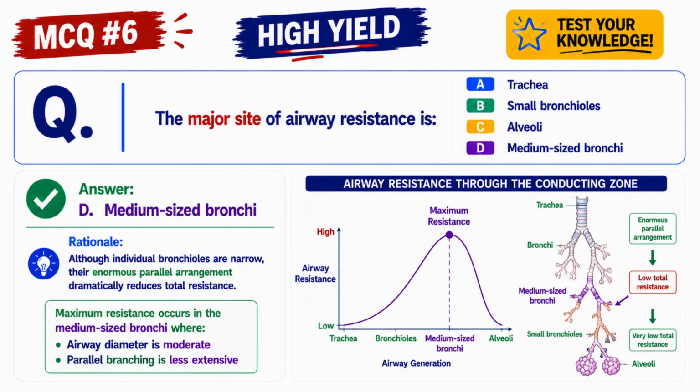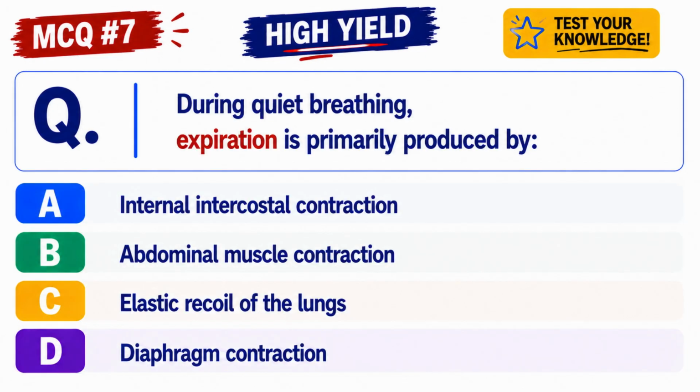Small airway resistance contributes relatively little to total airway resistance. Significant disease in small airways may not be detectable on standard spirometry until advanced. Medium-sized bronchi, maximum total resistance. The counterintuitive board answer.